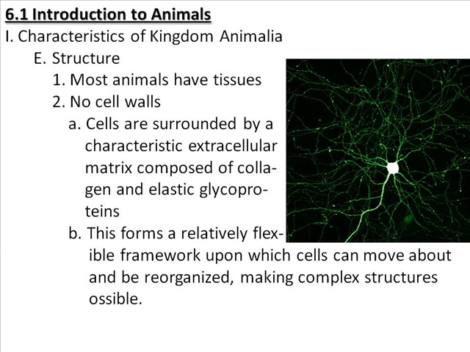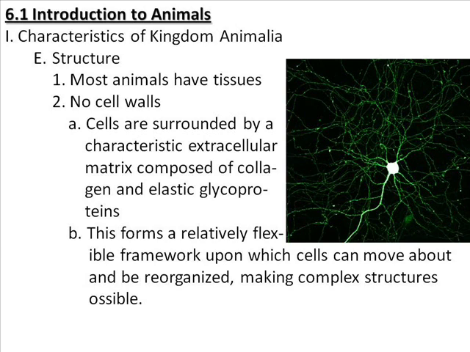This is a very important innovation, for it allows for relative flexibility of cells. It provides a complex framework from which cells can reorganize themselves, and this helps to make complex tissues such as nervous systems and muscle tissues. If you look at the picture on this slide, that is actually a picture of a neuron.